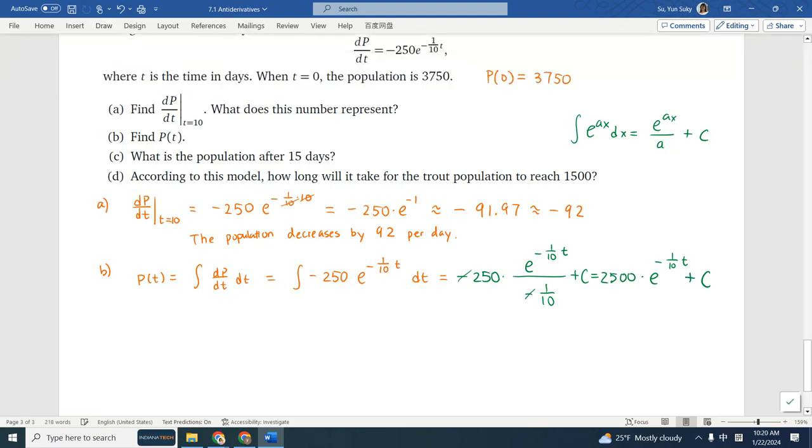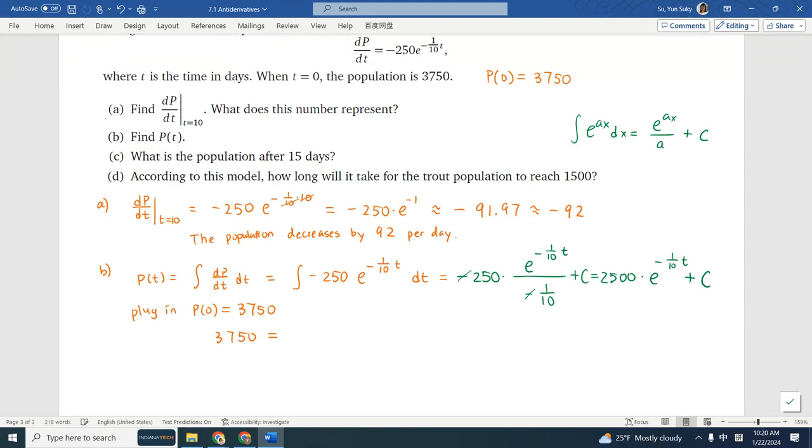How can we find the c? Use the initial condition. So we plug in P of 0 is 3750. 3750 equals, here we plug in t is 0.